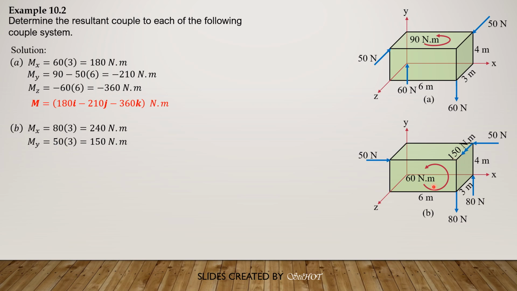Your right thumb is pointing toward the z-axis. So it is equal to 60 plus 150 equals 210 Newton meter. So in vector form, the moment is 240i plus 150j plus 210k Newton meter. So that's it for this example.